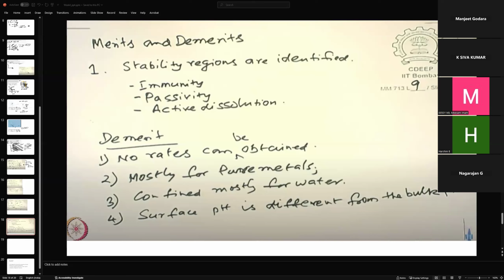Like, we are given the corrosion rate of iron in terms of GMD.